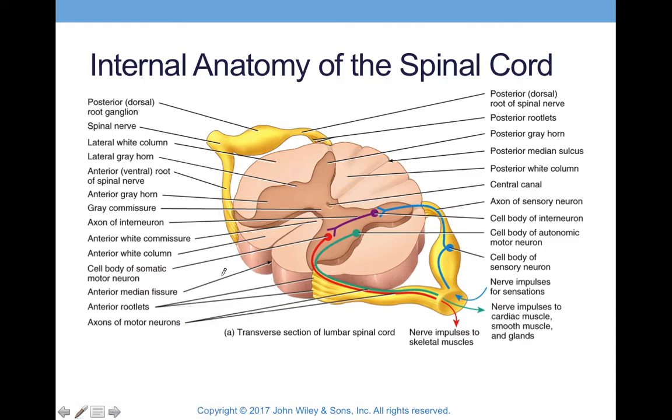Turn on our highlighter here. So here the anterior median fissure and the posterior median sulcus.